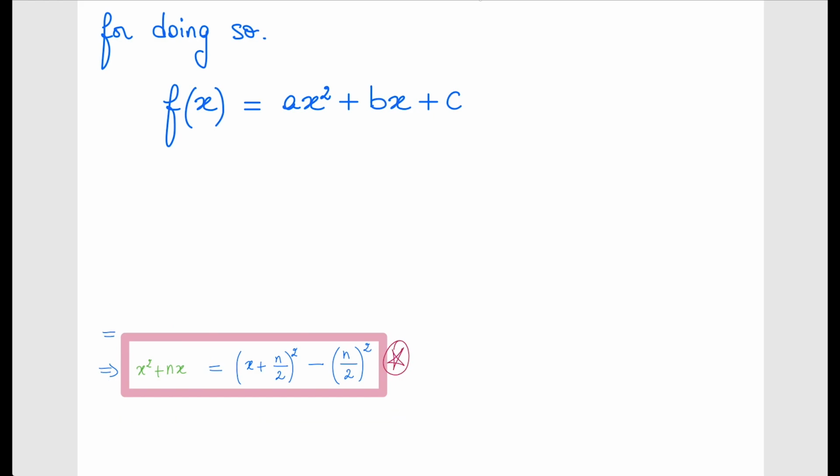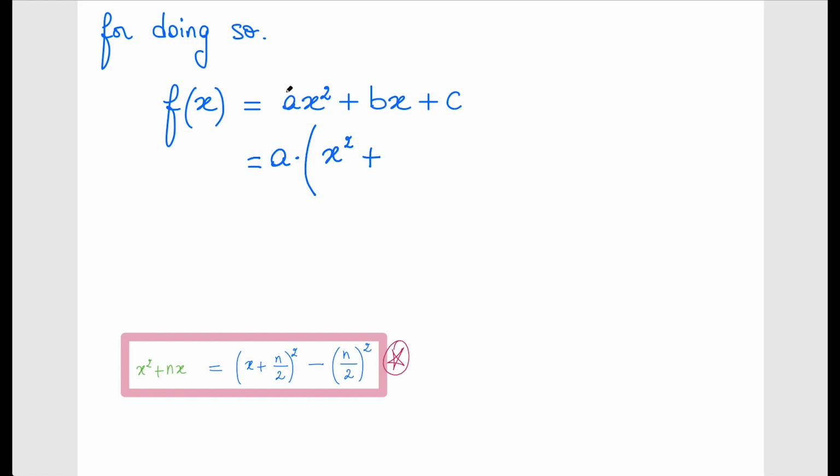Okay, so let's use it, but before we use it, we need to make the coefficient of the x squared 1. It's a, so a may not be 1. So let's factor a out and get x squared plus, if you factor a out, you're dividing this guy by a.